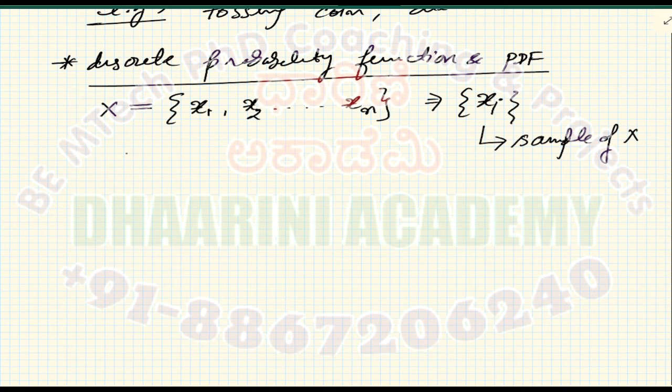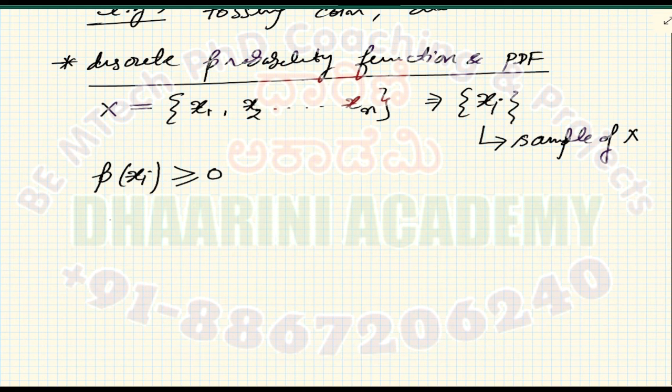Now we know something related to this. The first property which we already know is that the probability p of xi, the probability of getting any xi, is always greater than or equal to 0.